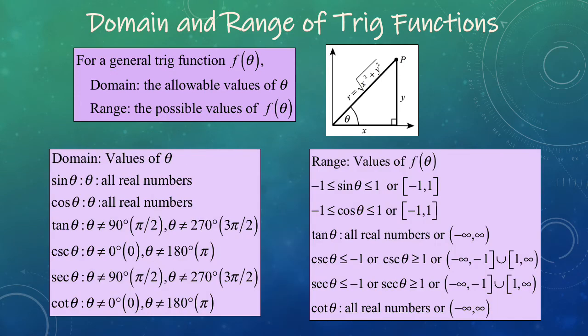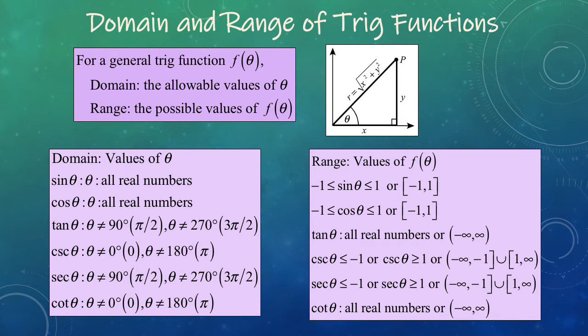All of this can be summarized in the two charts shown on the screen. We are generally more concerned with sine, cosine, and tangent theta than the other trig functions. So please remember that you can take the sine or cosine of any angle, while for tangent it is restricted to angles that are not 90 degrees or 270 degrees, using radians, pi over 2, or 3 pi over 2.